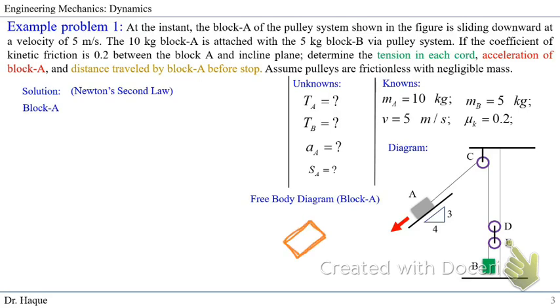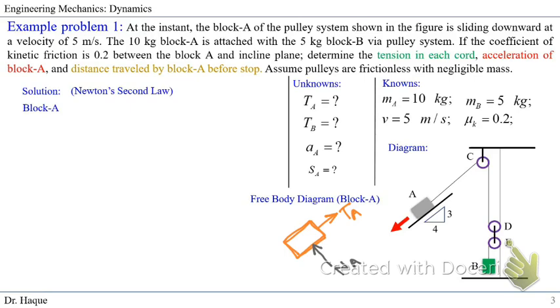Since it's on an inclined plane, first it has a tension TA pulled by the cord in that direction. It will have a normal force. The normal is always perpendicular to the plane it's working on, so it will have a normal NA.